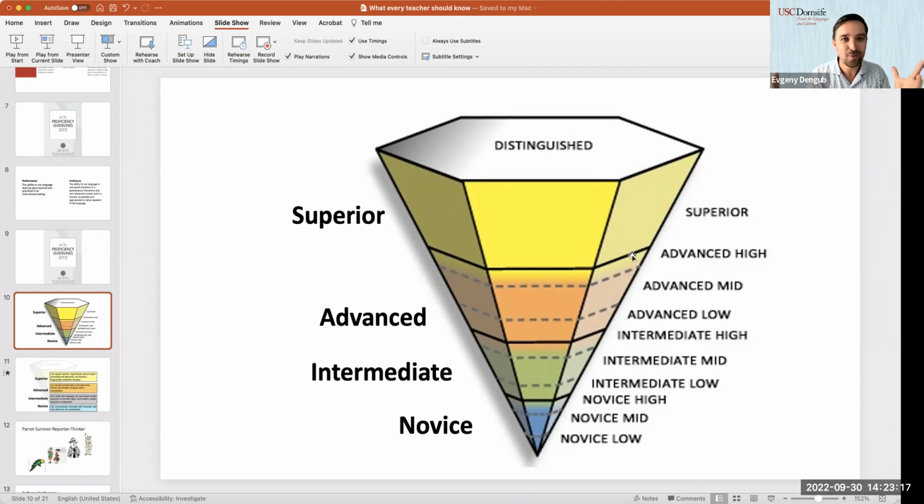This is how we acquire languages. It will be harder and it'll take longer for you to get from intermediate to advanced. So just be patient. It happens, and it's happening. You're making progress. You are deepening your knowledge of the language. You're honing your skills, but it just takes more time. So that's an important reminder for us all.